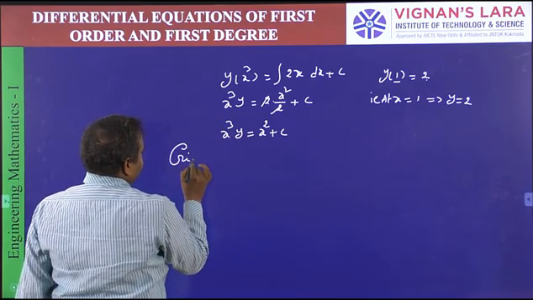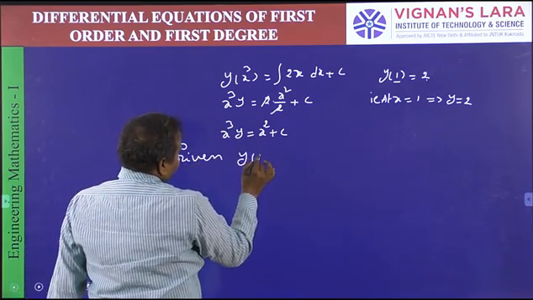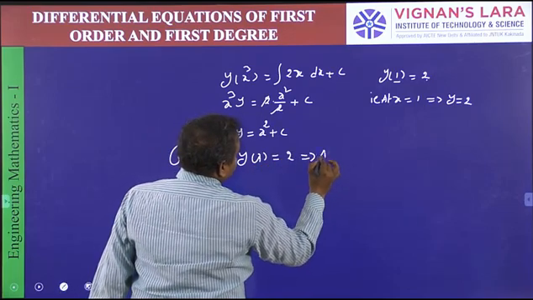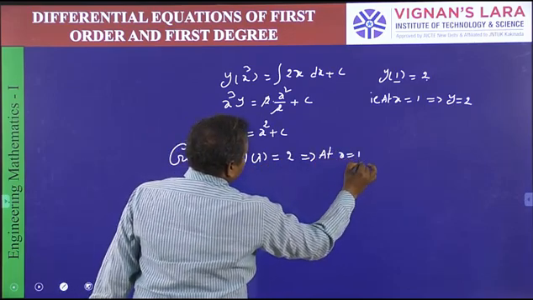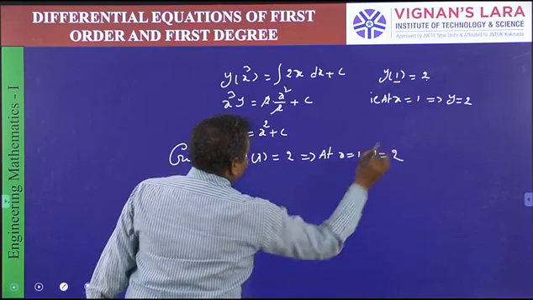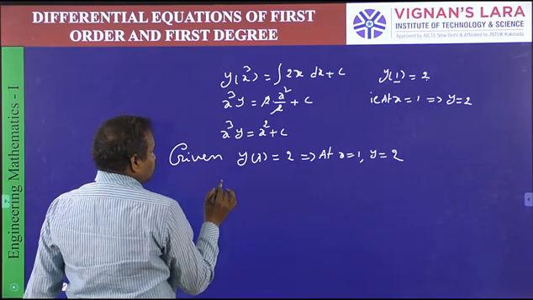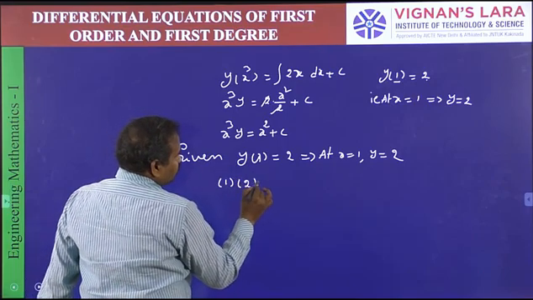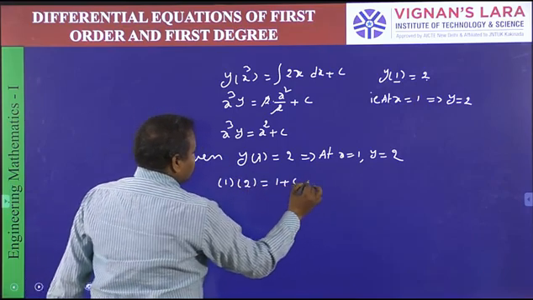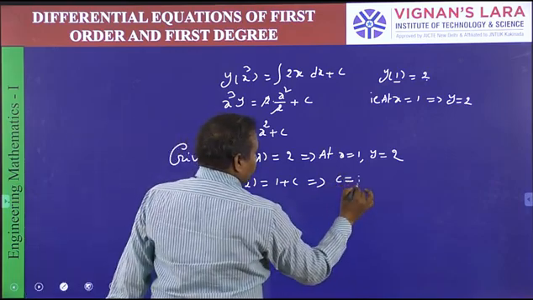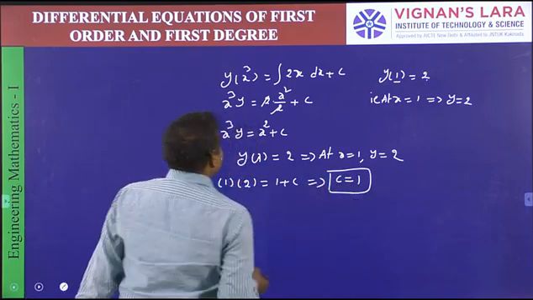Given y of 1 is equal to 2 implies at x is equal to 1, y value is 2. Substitute these values in this equation. x value 1, y value 2. 1 into 2 is equal to 1 plus c. That implies 1 into 2 is 2. Bring this 1 to this side. 2 minus 1 is 1. So the constant value c is equal to 1.